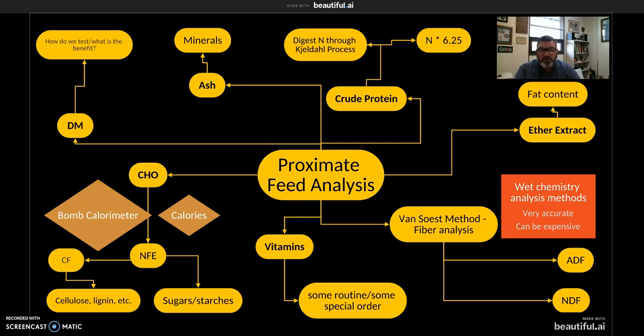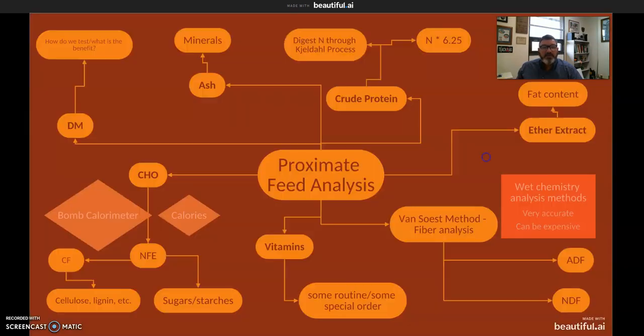NDF is neutral detergent fiber and indicates the physical fill factor that might be in a feedstuff. So the higher the NDF fraction, the less digestible the feedstuff is. Like straw would have a very high NDF fraction. Again, these are very accurate and can be somewhat expensive with these wet chemistry methods.